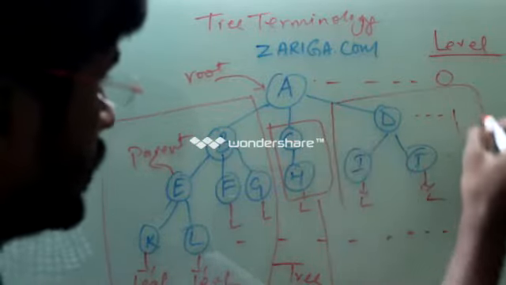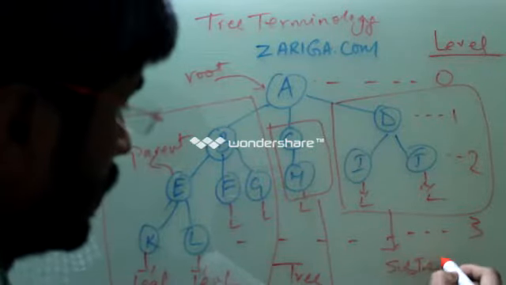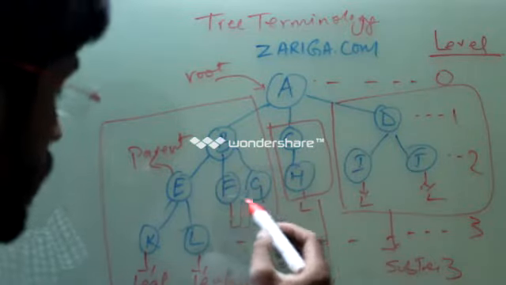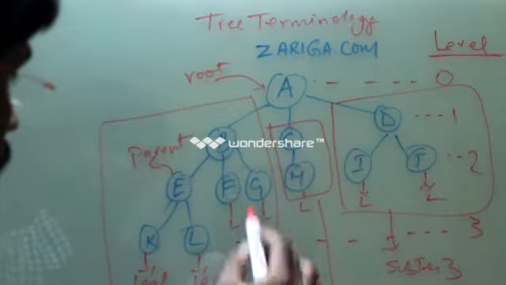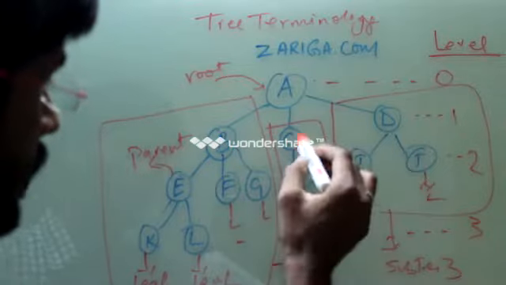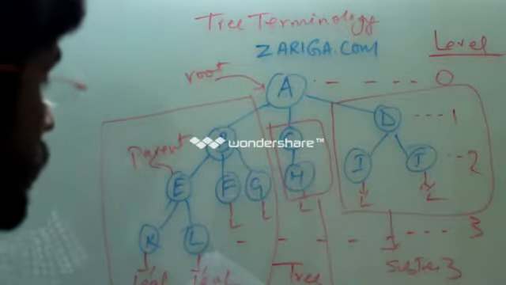This is my another subtree, T3. So A has 3 subtrees, 1, 2, 3. In T1, B is the root element. In subtree 2, C is the root element. In subtree 3, D is the root element.